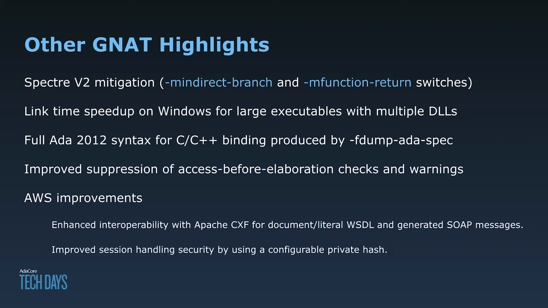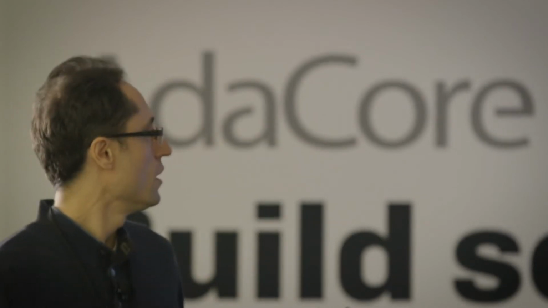The compiler will basically put all the bits and pieces together for you. So no, this change does not mean that you won't be able to continue using fdump-ada-spec. All right, a few other things. In particular, we got some nice improvements in AWS, which is our Ada web server library. So if you are using AWS, you probably actually already know about these new features.